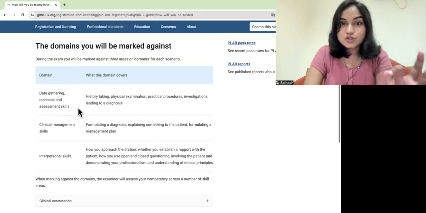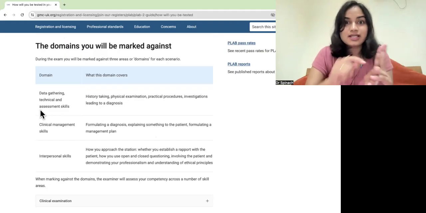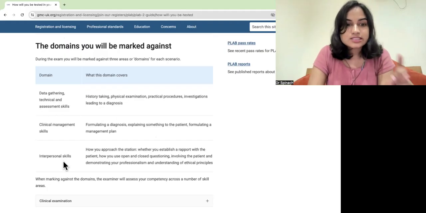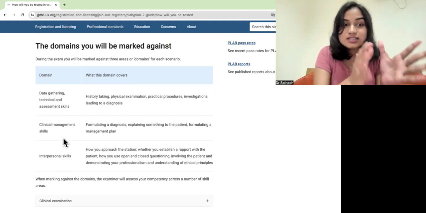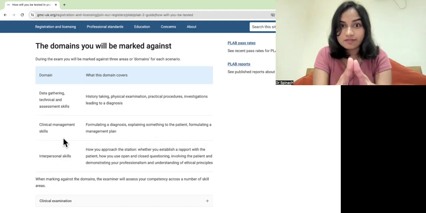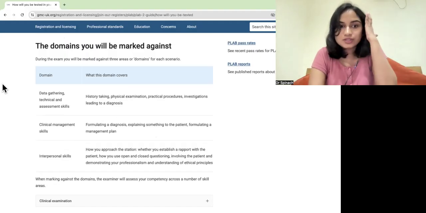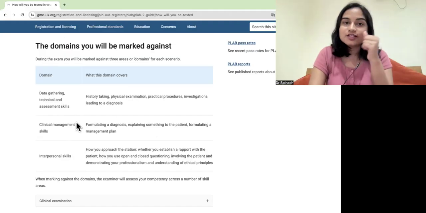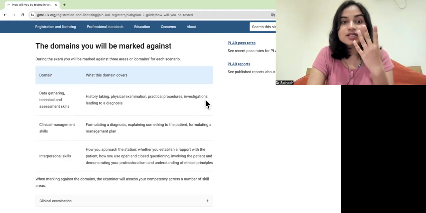These domains include data gathering, technical and assessment skills, which come under one, then clinical management skills, and interpersonal skills. Let's read through what each domain covers in order to understand what you are marked on. Data gathering, technical and assessment skills include history taking, physical examination, practical procedures, and investigations leading to diagnosis.